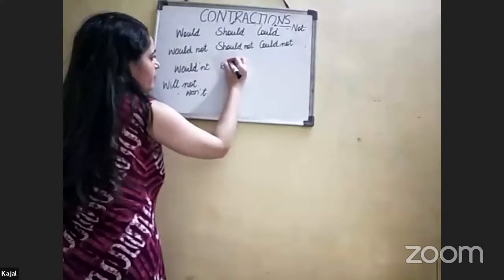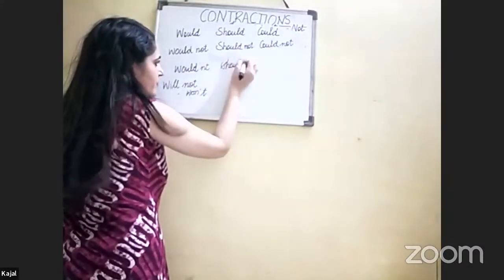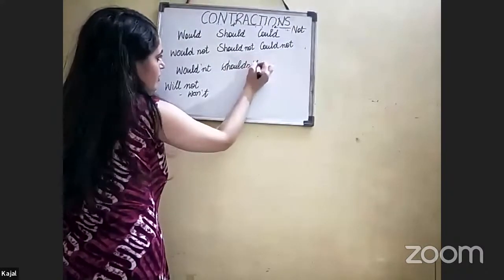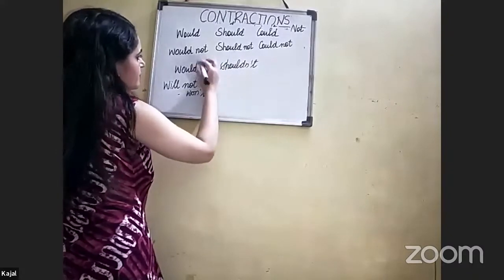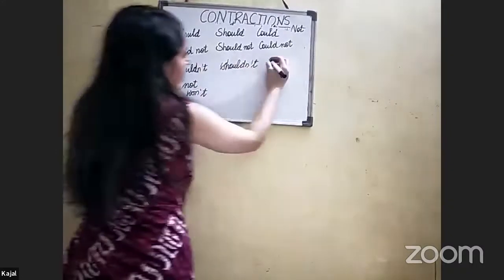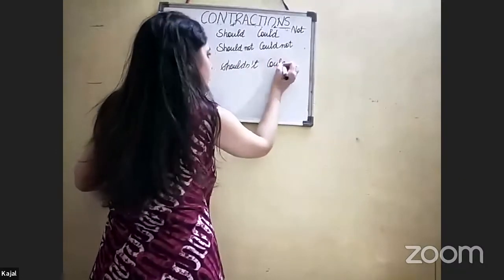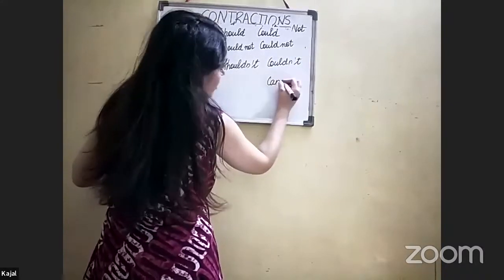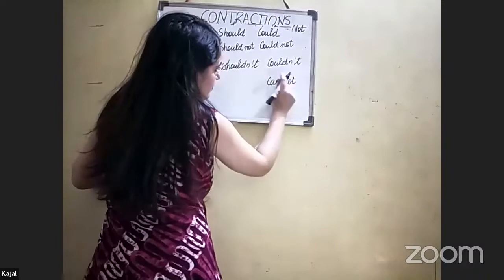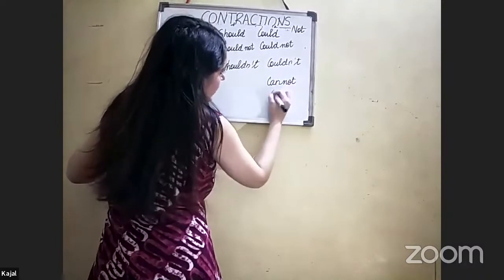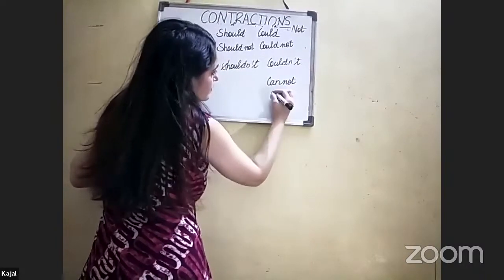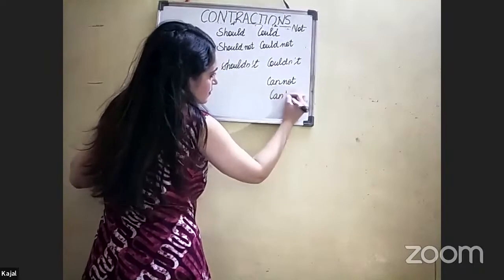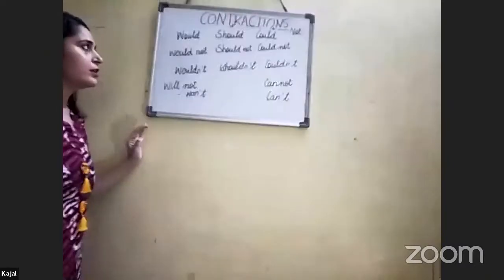Should not will be shouldn't, and could not will be couldn't. With couldn't we have cannot, and cannot is can't. Right?